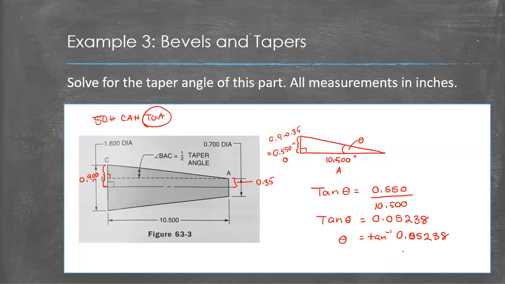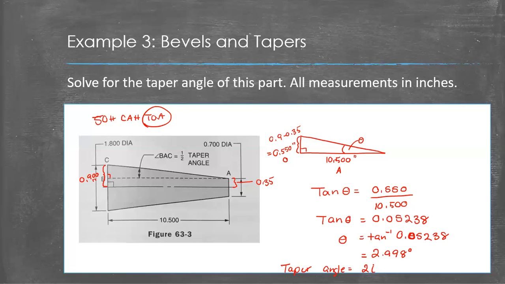All right, this is supposed to be a 0. So we have that. And in terms of what our calculator gives us, our calculator tells us that the angle is equal to 2.998 degrees. Now, the taper angle is double that.